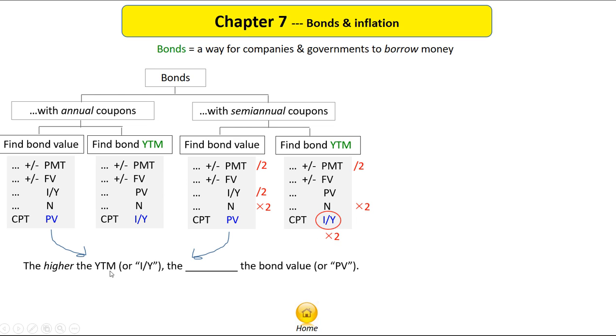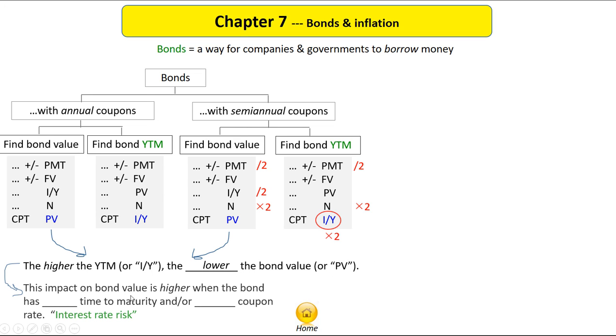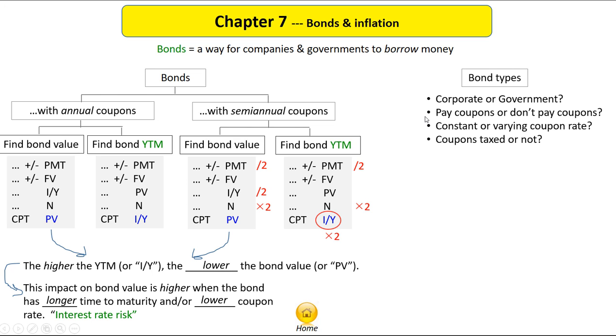The higher the yield to maturity, the lower the bond value, or the present value. And this impact on the bond value is higher when the bond has a longer time to maturity or a lower coupon rate. And this is called the interest rate risk. Then we also looked at different types of bonds. So just very quickly, are they corporate bonds or government bonds?